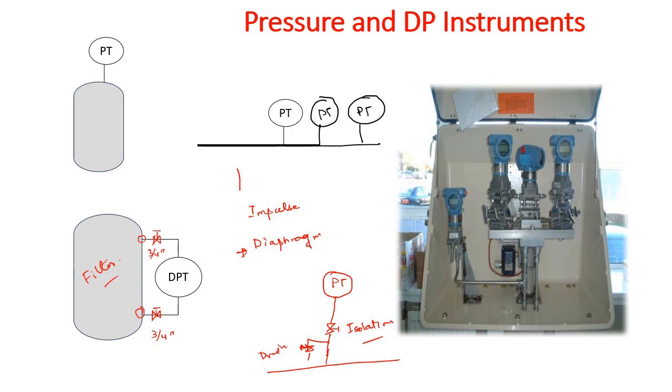So for example, here it will be written 1, 2, 3, 4A, then 1, 2, 3, 4B, then 1, 2, 3, 4C. And then the signals going from here will be shown going to a 2 out of 3 block, and this then goes to some interlock or some other places.